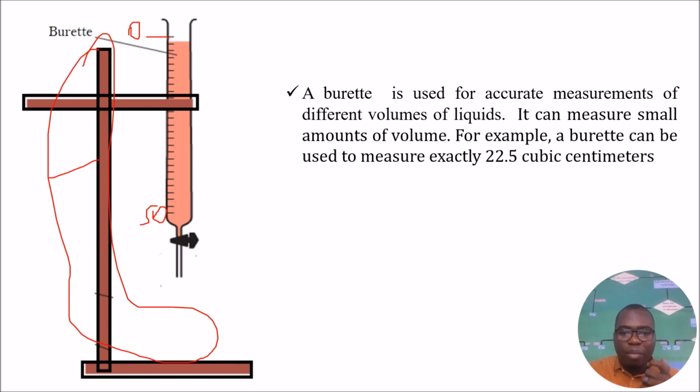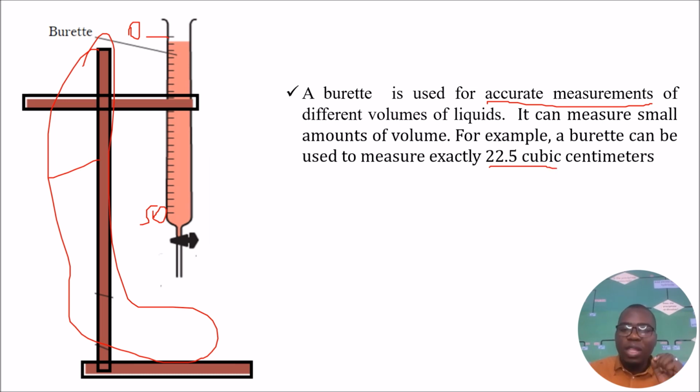Now, a burette is used for accurate measurements, so please be taking note of the differences. For the measuring cylinder, we said it is used for making approximate measurements. But for this one, we are saying accurate measurements of different volumes of what? Liquids. It can measure small amounts of volume. For example, a burette can be used to measure exactly 22 cubic centimeters of a liquid.